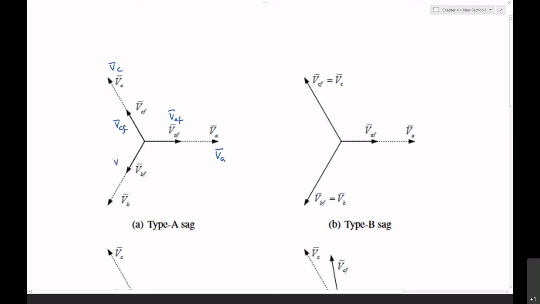This is V bar BF. This is V bar B. The subscript A indicates the pre-sag voltages. F reflects the during-sag voltages. This is a phasor diagram.